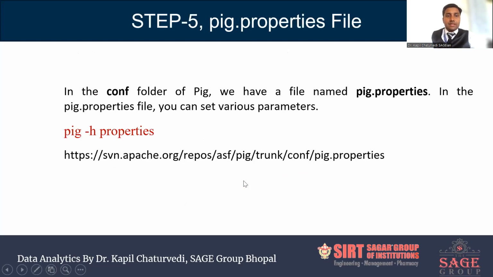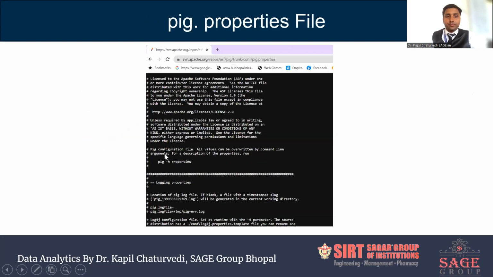And the second one is in the config folder, pig.properties. In the pig.properties file, you can set variable parameters of PIG by giving the command pig -h properties and use that particular URL in this file.